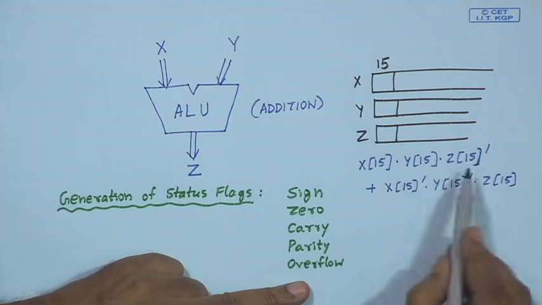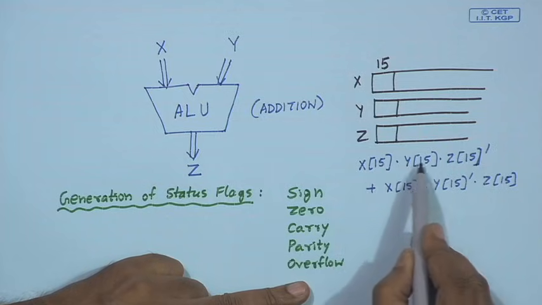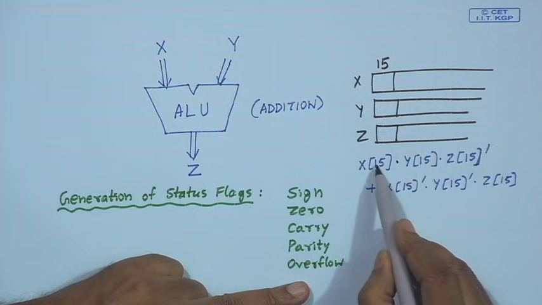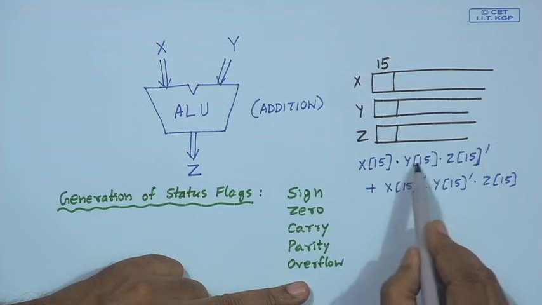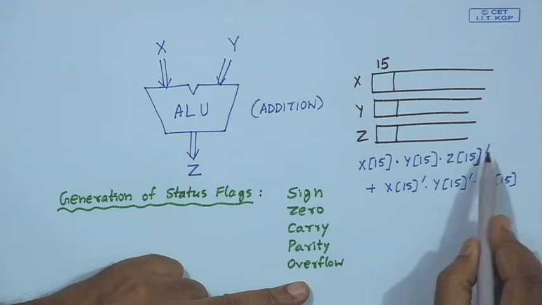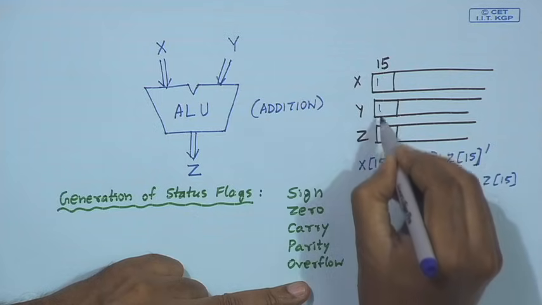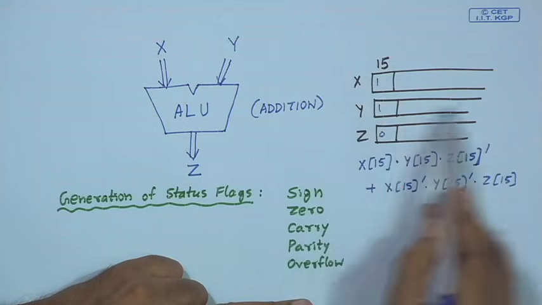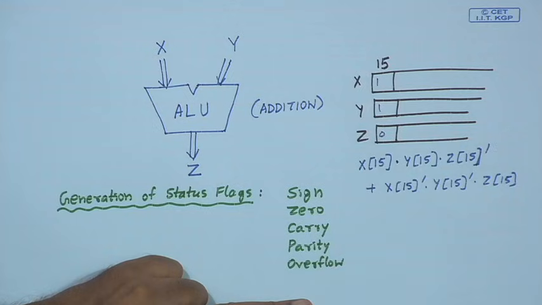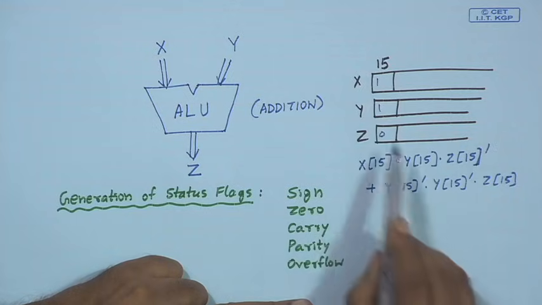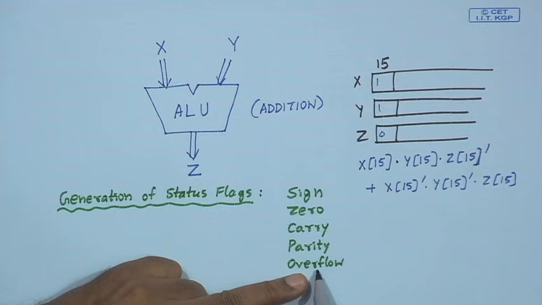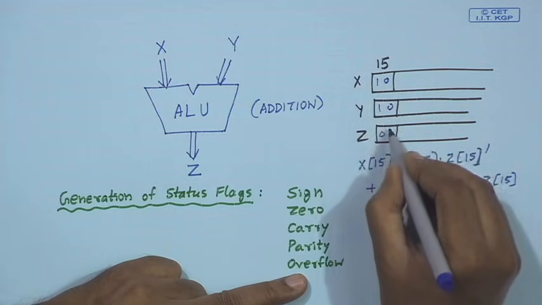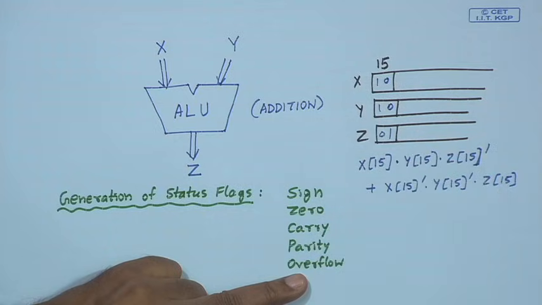This means that either both x15 and y15 were 1 and 1, dot means AND operation, plus means OR operation, x15, y15, z15 bar, which means this is 1 and this is 0. So, the numbers were negative, after addition the number has become positive, which is never possible. This is possible only when overflow has taken place, or the reverse condition, this was 0, this was 0, but in the sum it has become 1.